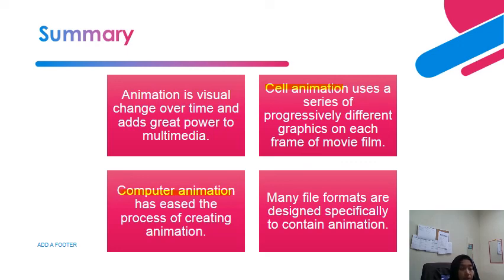You need to know some of the terms, for example the tweening process, keyframes, the cell itself. Then you need to know some of the file formats. At least you should know 3 to 5 file formats that we have in animation.